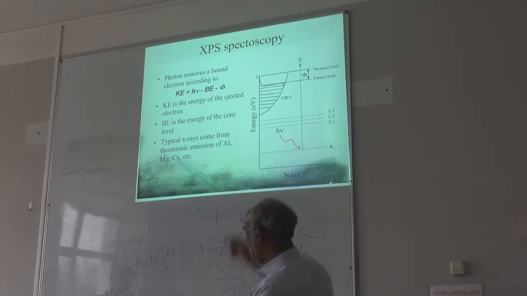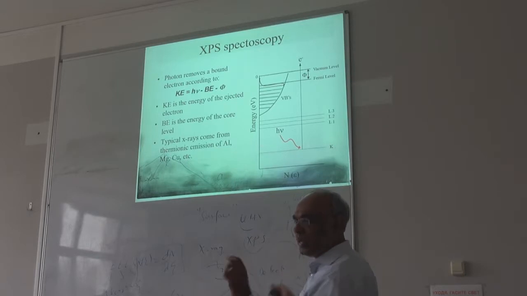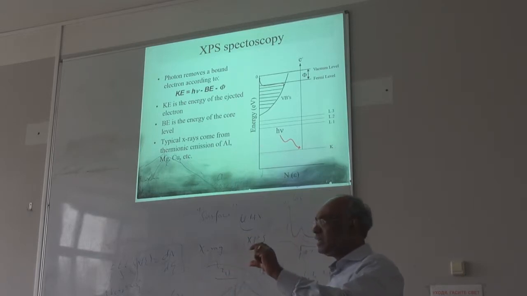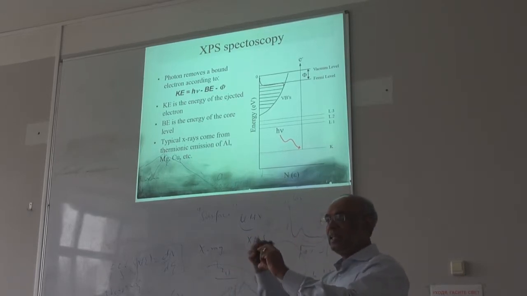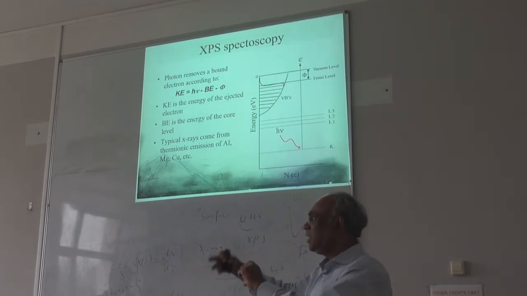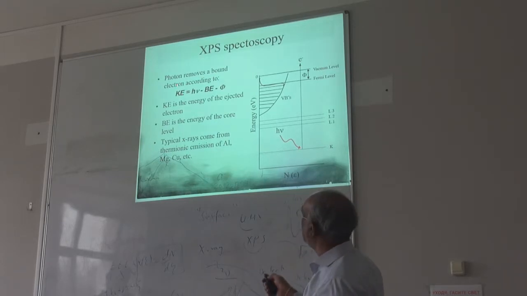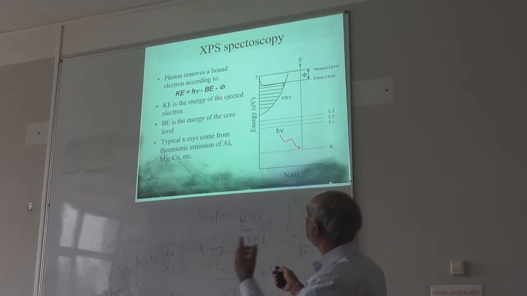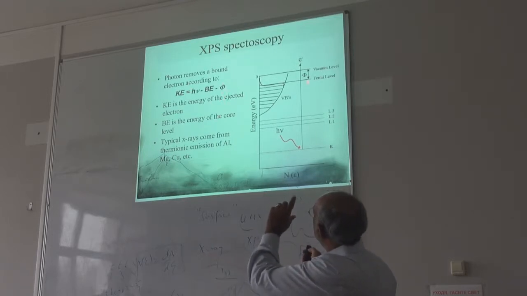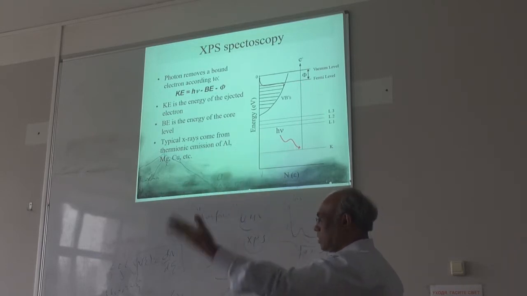So we have the energy of the incoming photon, that's the X-ray photon. The electron has a binding energy. It has to overcome that binding energy. Then the rest is the kinetic energy. You can write your kinetic energy as this one minus your binding energy, and also if it is coming out, you have to overcome the work function.